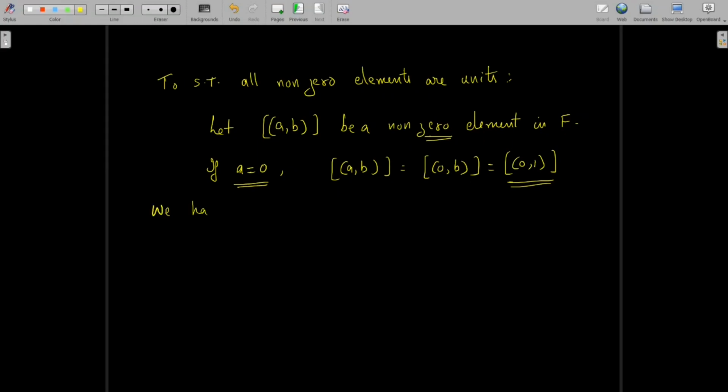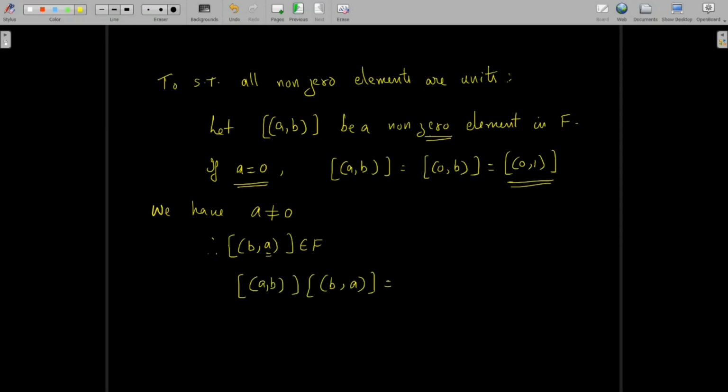So if we take an element AB, which is a non-zero element in F, A is not equal to 0. So we will think of the element BA in F, because an element in F is an ordered pair AB which belongs to D cross D such that the second element is not equal to 0. Here we showed that A cannot be 0, therefore the equivalent class BA belongs to F. Now we consider the product of AB and BA.